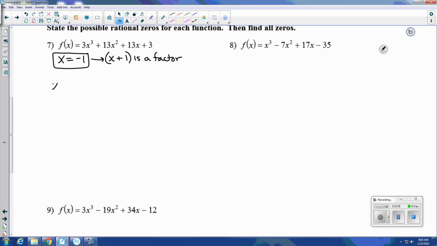So now that we have a factor, we're going to use long division to take the polynomial we started with and reduce it down to a quadratic. Or I should say, we'll reduce it to a polynomial 1 degree less than we started, assuming that my factor is of degree 1. If I generated a factor that was of higher degree, then it would reduce it even further. But carrying out the long division.